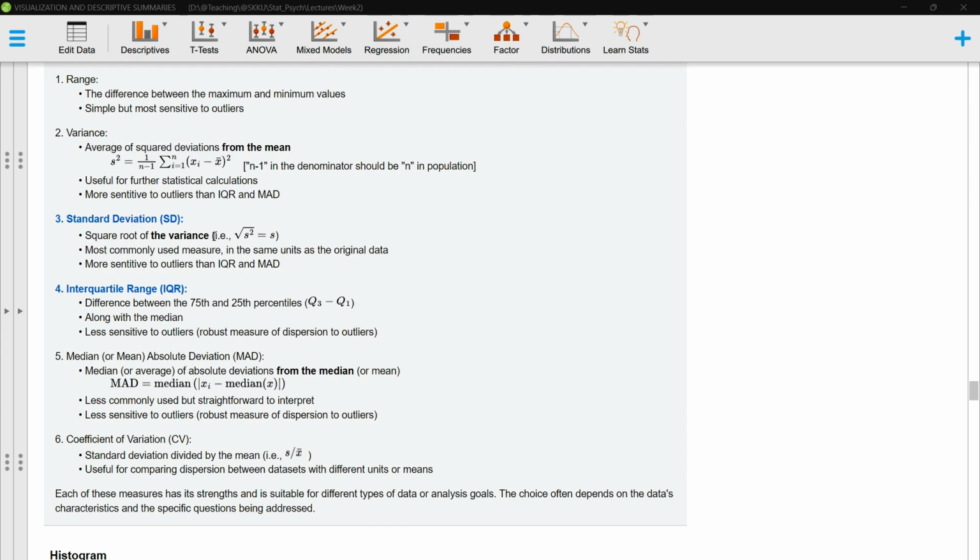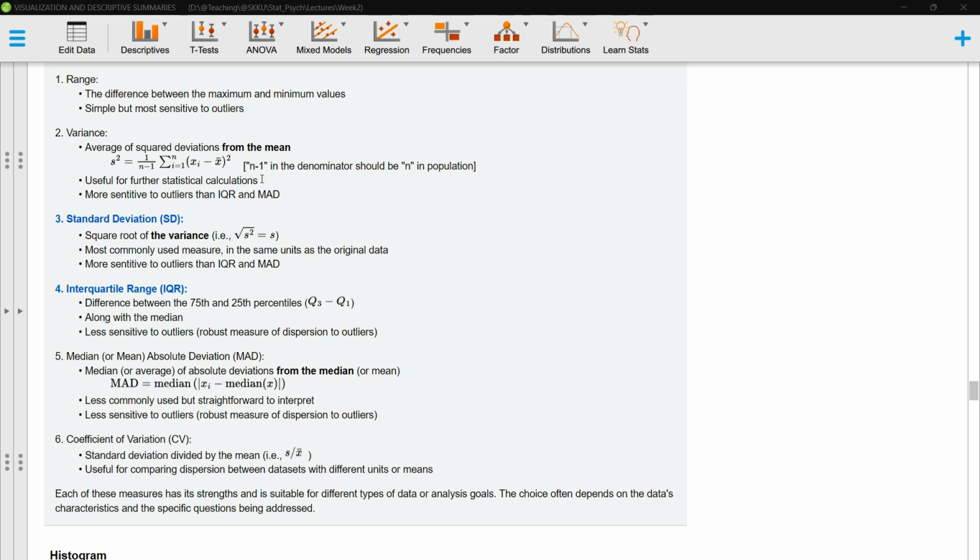If we have 20 observations, we have 20 deviations from the mean, and we have 20 squared deviations from the mean. So we sum up the 20 squared deviations, and then divide by the number of observations minus 1. Okay? So just divide by n minus 1.